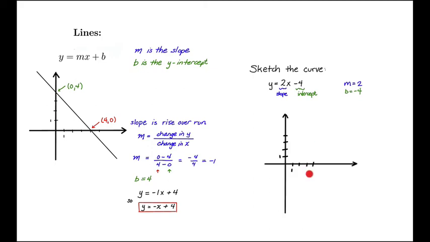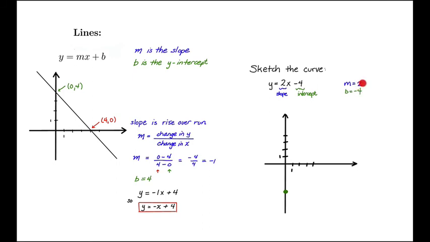So the first thing we need is our graph, or a grid, to put our graph on. And we're going to determine where our intercept is on our graph. So we're going to go down 4 units and draw a little dot. And then we're going to use the slope value and think of it as rise over run to determine a few more points on the graph. So m equals 2 tells us that the y value changes positively 2 units when the x value just moves 1.